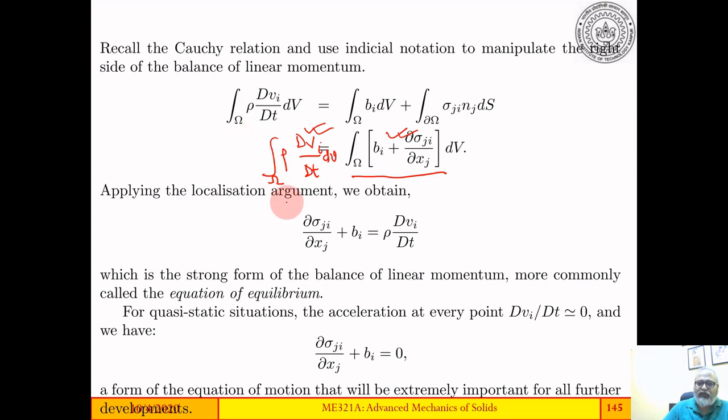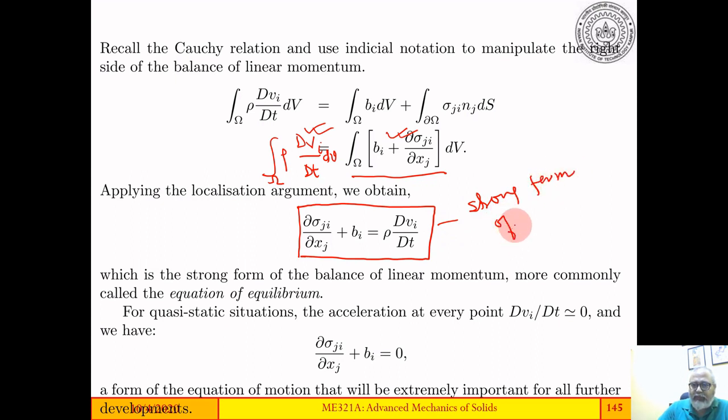All this we are assuming to be valid in our case. If you apply the localization argument, this is the strong form of the balance of linear momentum that you get. So this is the strong form of the balance of linear momentum.